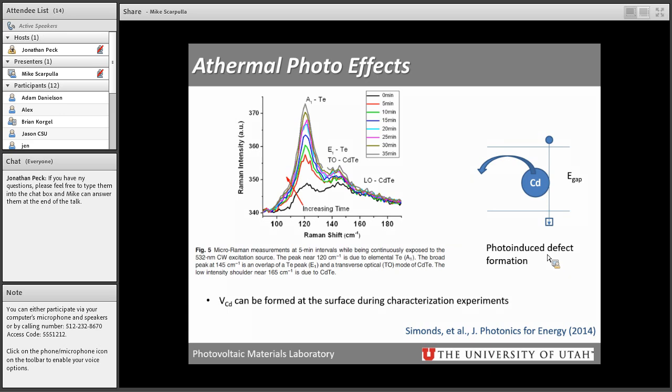This phenomenon has been studied extensively in larger band gap alkali halides, the 1,7 compounds, very ionic compounds, and these are called F centers. The physics is that the recombination energy from a photogenerated electron-hole pair is actually sufficient to knock an atom off site.